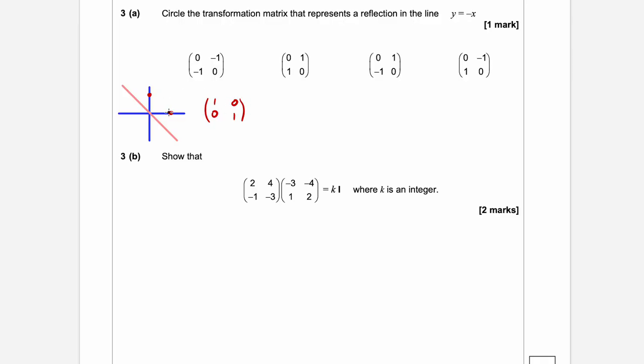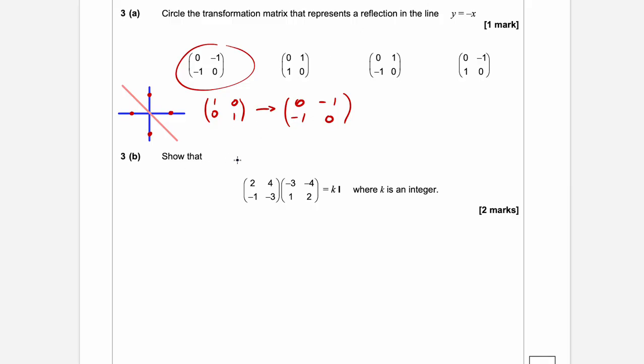So then what happens to these 2 points when we reflect in the line y equals minus x? Well, this guy goes to here, so that's 0, minus 1. And this guy is going to go to here, which is minus 1, 0. So we highlight, guys, this one is the first one. Obviously, you don't have to show all that working, but I just wanted to explain it.